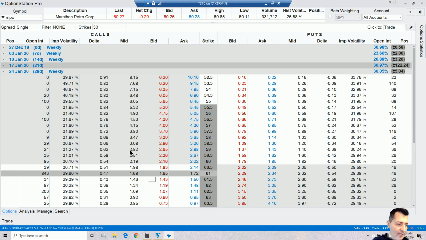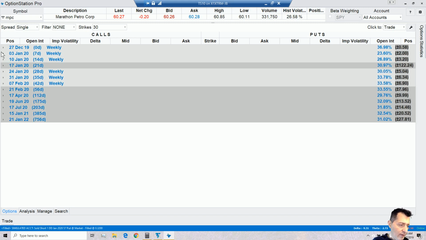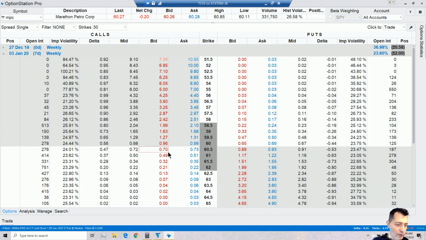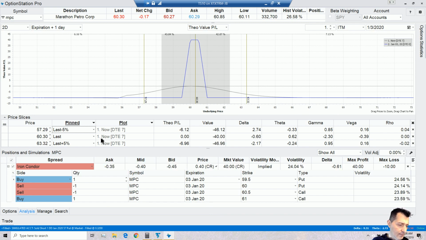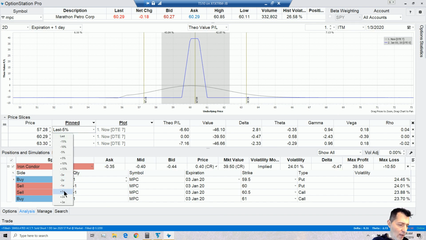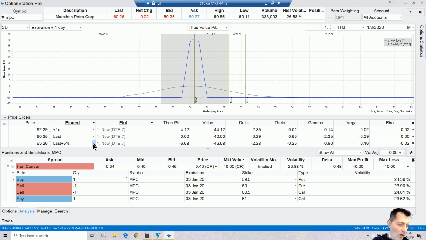Without even thinking about it, I'm gonna start with January 3, which is the shorter expiration date, and we're gonna analyze and sell an iron condor. We're gonna add the plus one standard deviation and the minus one standard deviation to calculate our statistical range using January 3 as our first reference date, and that is 58 to 62.